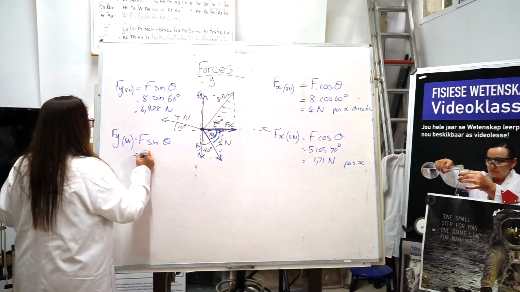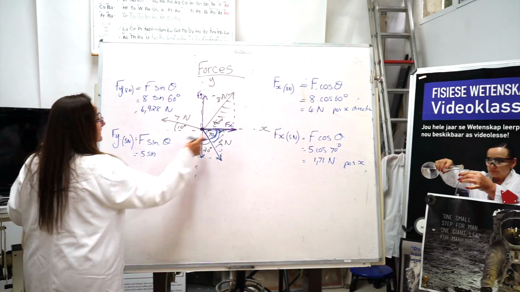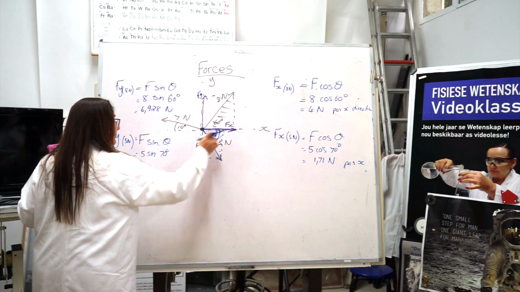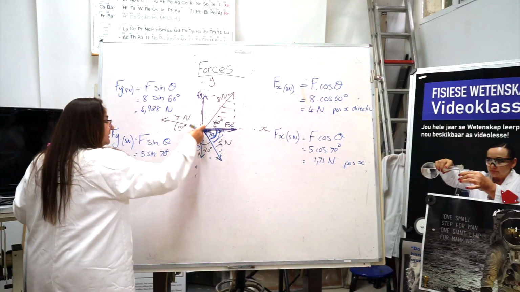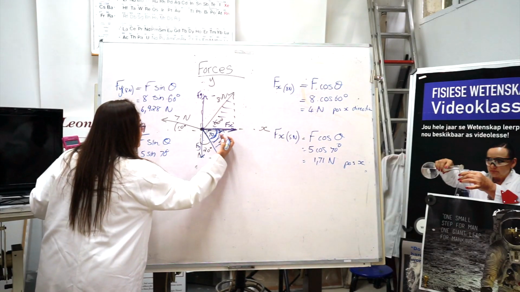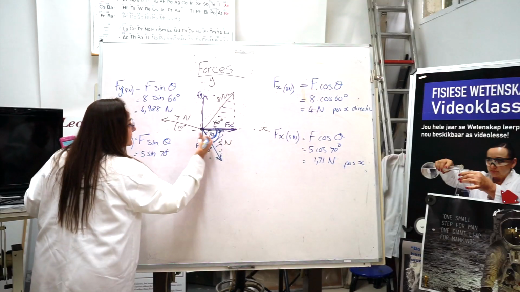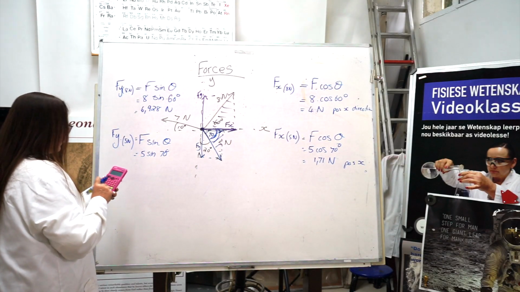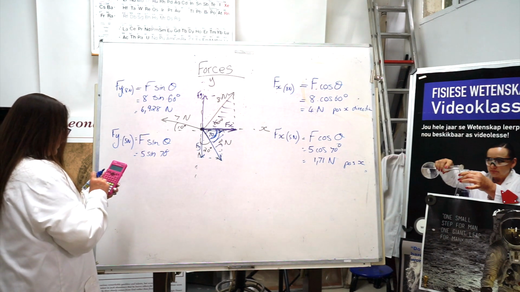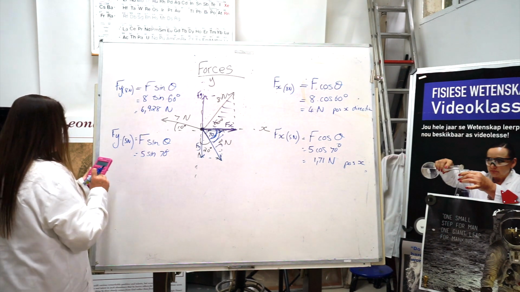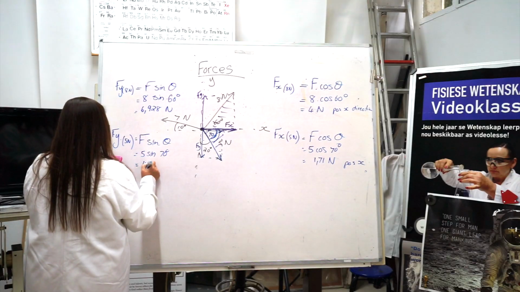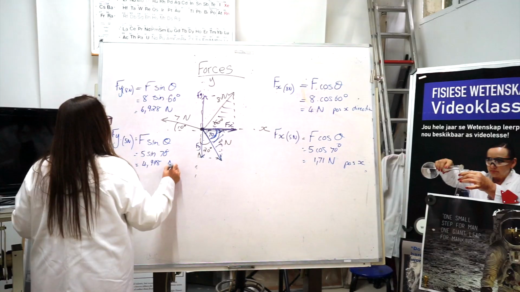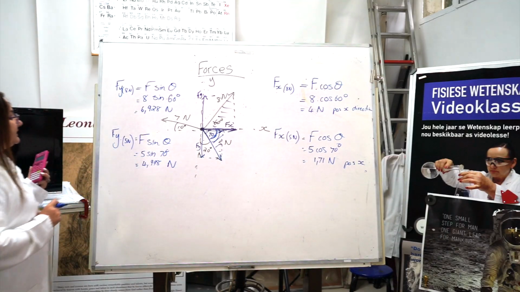Okay, so this would then be 5 sin 70 degrees. Remember, I'm working in that triangle. Even though I'm working out this one, I'm actually pushing it over and working it out there because it's the same magnitude. Alright, so it's 5 times sin 70, and that gives me 4.698 Newton. Again, I'm going to leave it as that.